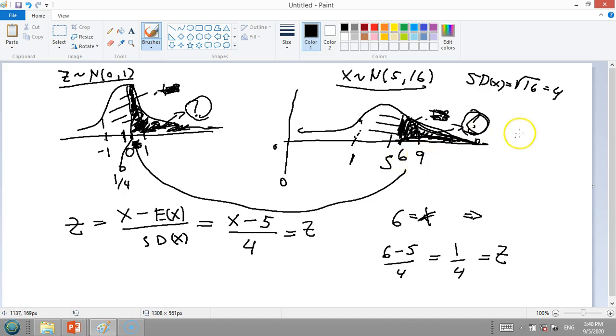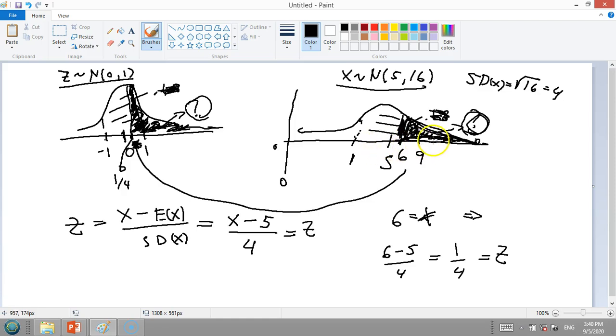It's plus minus 4 from 5. So the 1 corresponds to a negative 1, and the 9 corresponds to a 1. You can also solve it using a system of equations, and I'll show you how to do that in the notes and the PowerPoints.